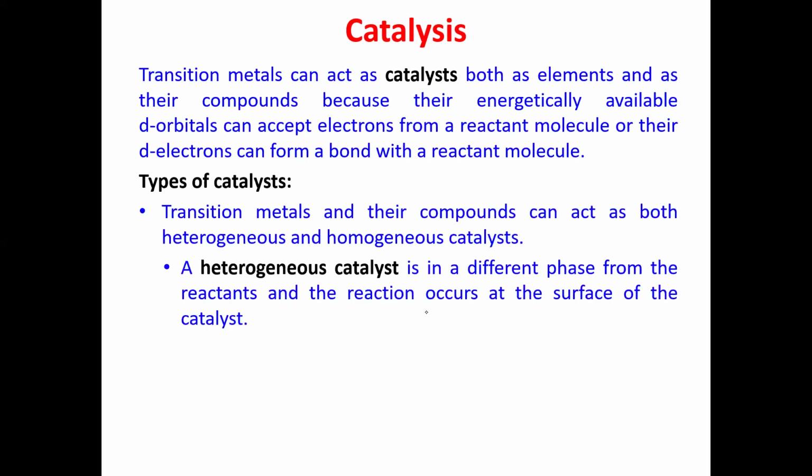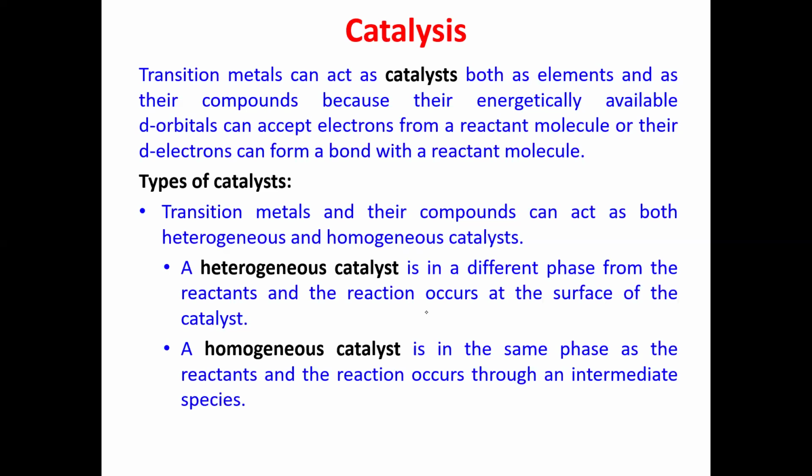What is heterogeneous? In heterogeneous catalysis, we have a difference in state, so maybe the reactants are solid and the catalyst is gas, or maybe reverse. And homogeneous means the catalyst and the reactants are in the same state.